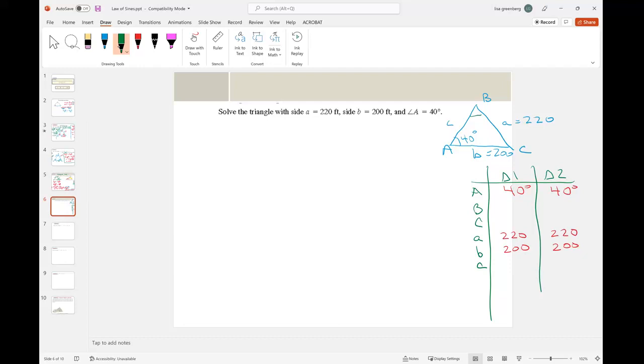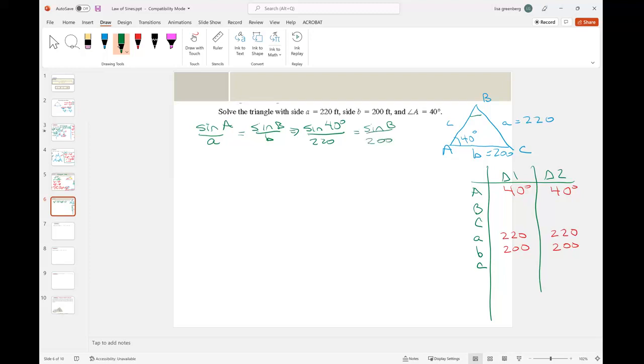It won't work. So sine of A over A equals sine of B over B, which means sine of 40 degrees over 220 is equal to the sine of B, which I don't know, over 200.